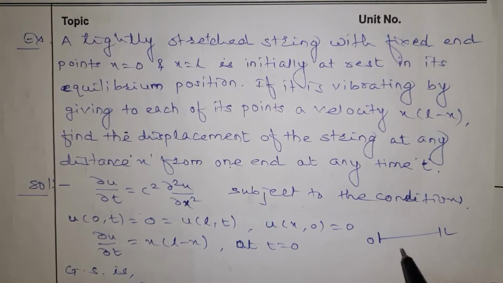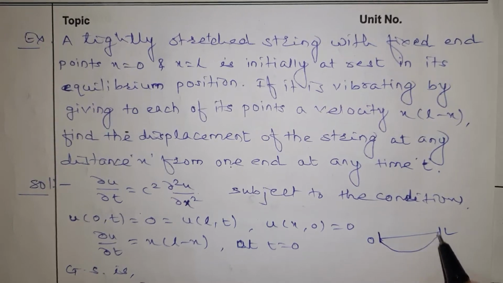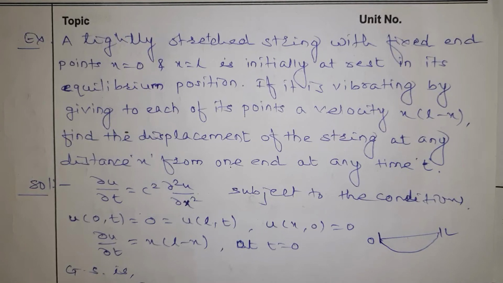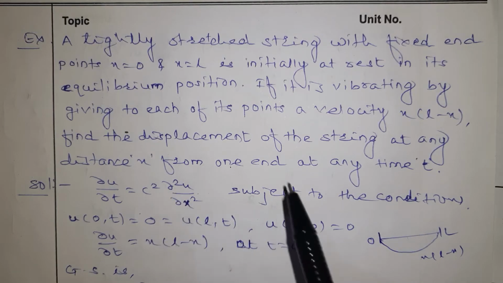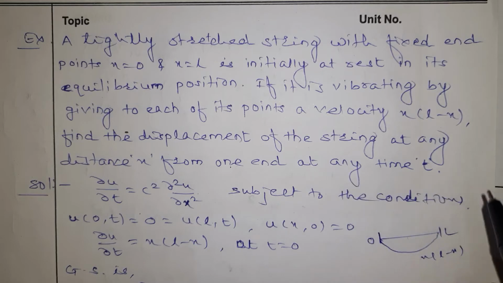Now, what one can do is stretch it and give it a velocity. What is that velocity? x into (L minus x). Find the displacement of the string at any distance x from one end at time t.